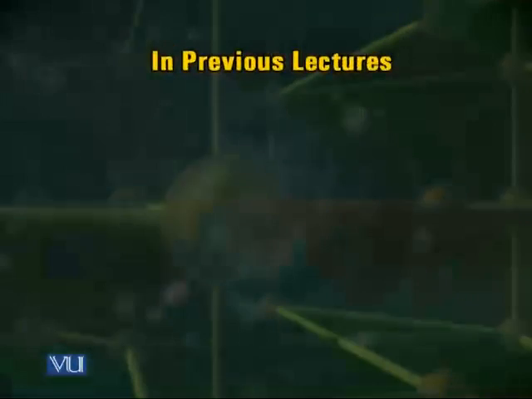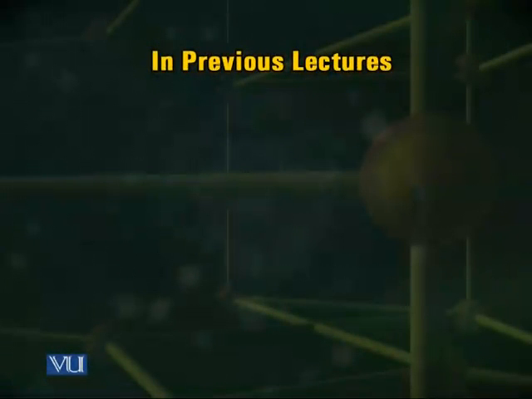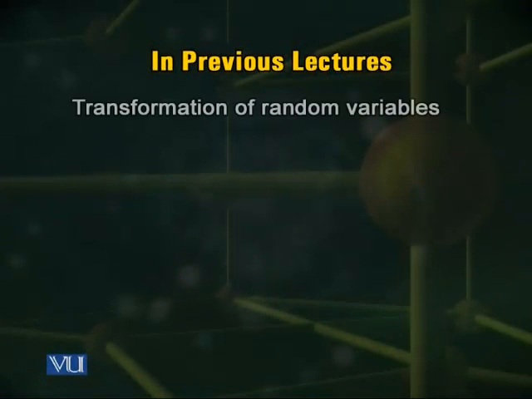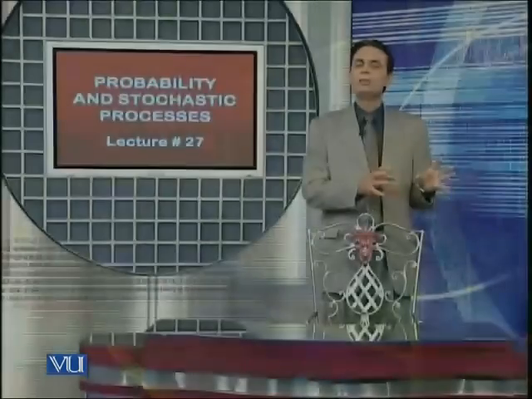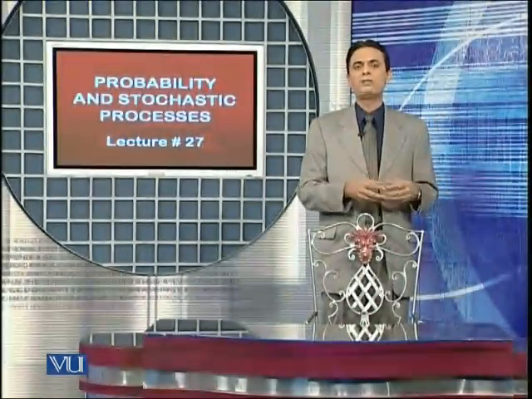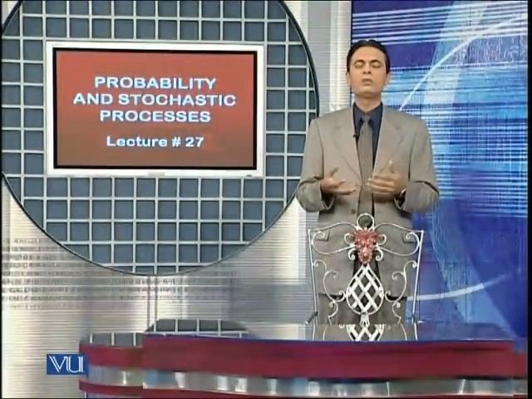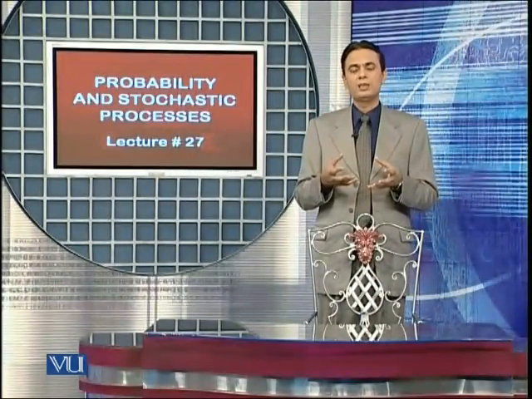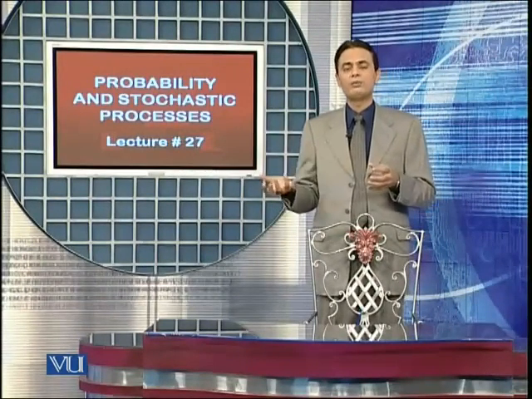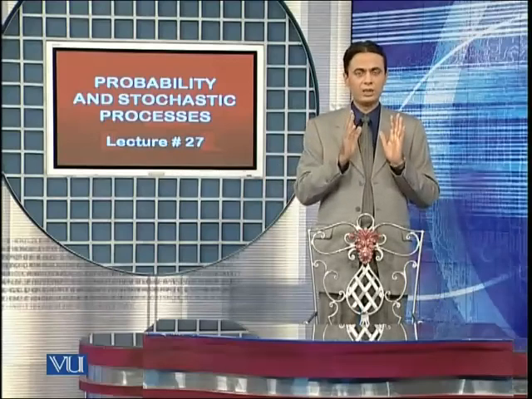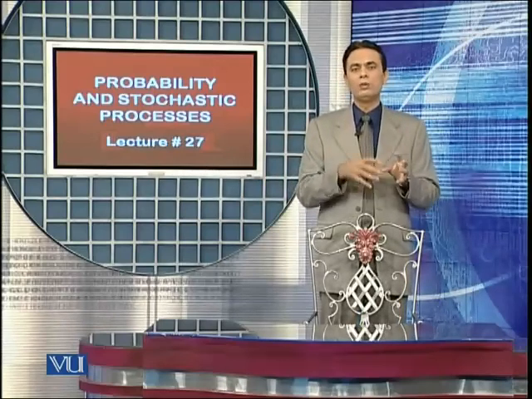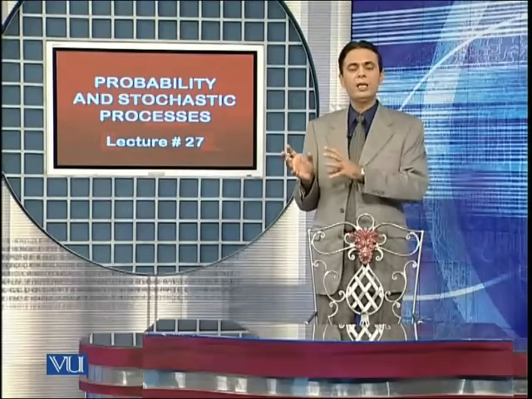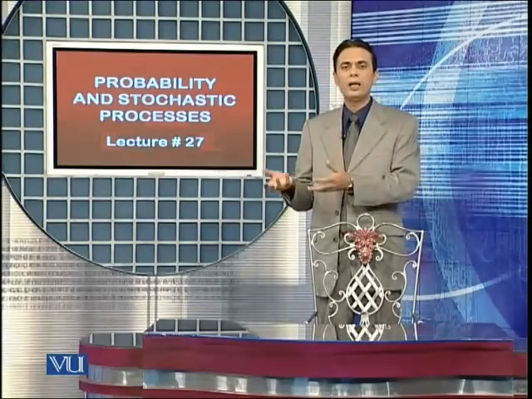In previous lectures, we have almost completed our discussion of transformation of random variables, where the underlying unpredictable experiment gives out a value which we can observe directly, but sometimes we are interested in a transformed value. Rather than working with the directly observed value, we modify it and then analyze the behavior of the modified quantity.